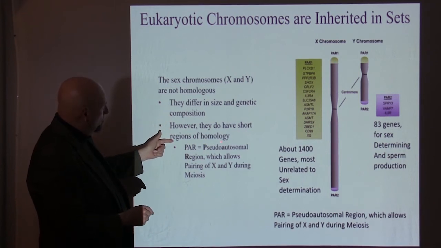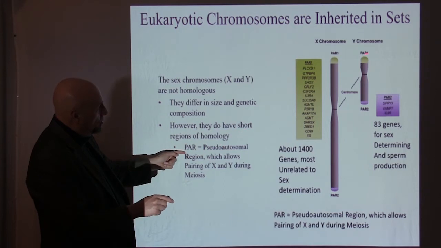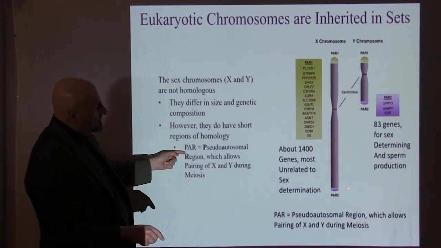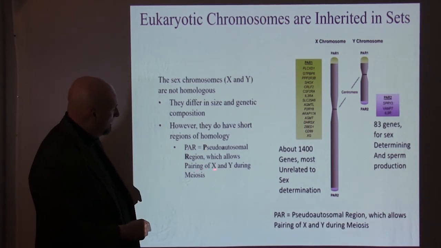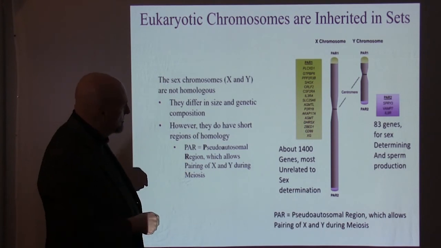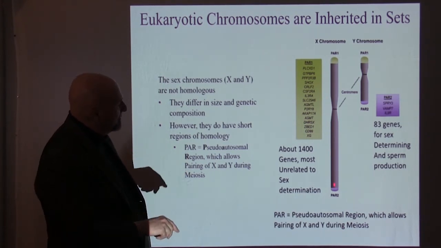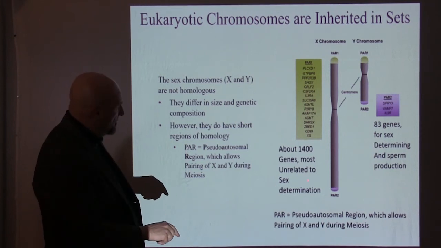However, they do have a short region of homology. It's called the pseudo-autosomal region, up here called PAR1 and PAR2. These are where pairing can occur during meiosis to make sure that they pair up properly so that they can be separated. There's about 1,400 genes associated with the X chromosome. The vast majority of them are not related to sex determination.